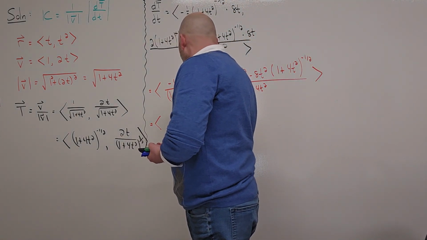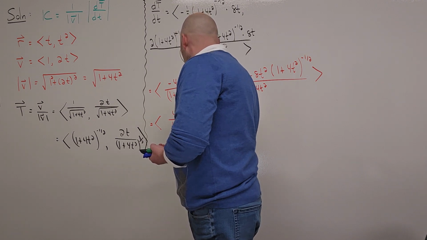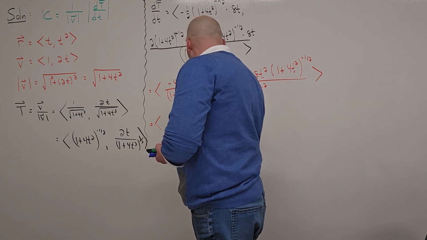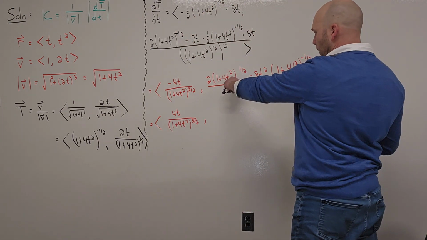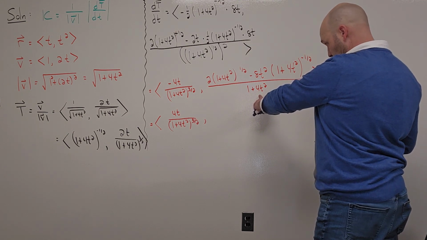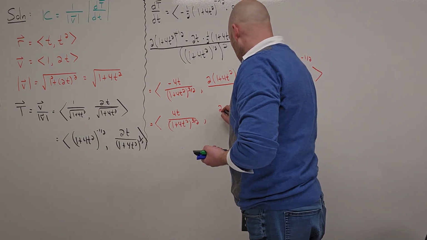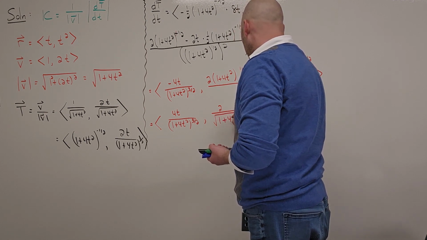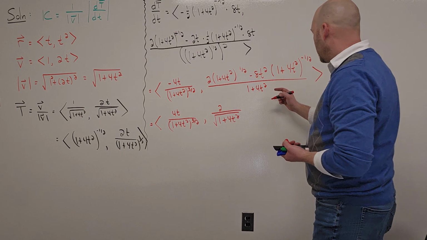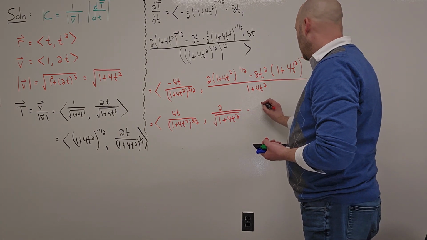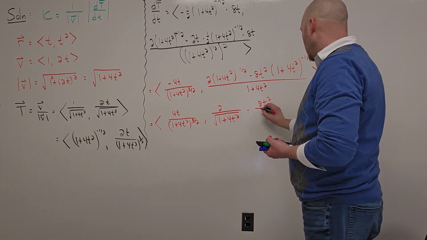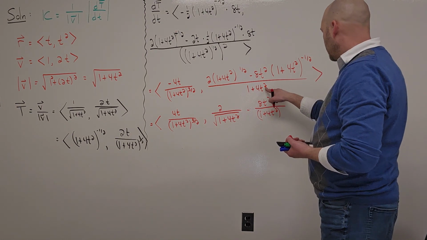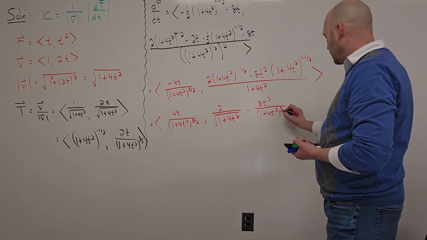So 4t. And then over here, if I combine those two, that would leave a square root in the bottom. So I've got 2 over the square root of 1 plus 4t squared. And then over here, that would leave you with minus 8t squared over 1 plus 4t squared, first power times half power, so that'd be the 3/2 power.